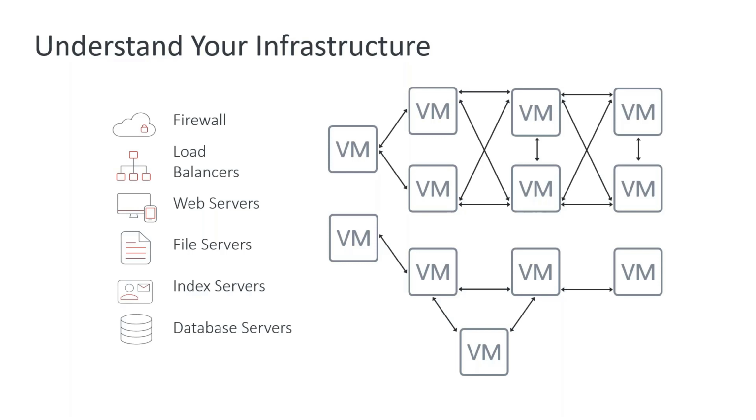Do you have file servers in the mix or index servers? And like I said, database servers that are designed a specific way when you're doing DR and restoration capabilities, and what you have to do to bring those apps up in the target location.